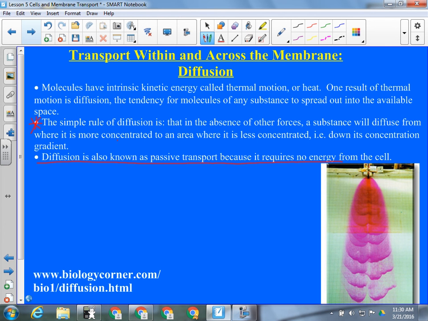So that works within the cell. It's not going to work over large distances. If you're a multicellular organism, you've either got to be small enough that diffusion can work, or you've got to have some other transport system that's going to allow you to move stuff actively, like our circulatory system. Do all animals have a circulatory system like ours? Nope, not all of them.